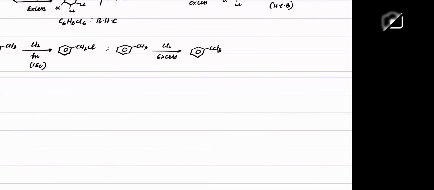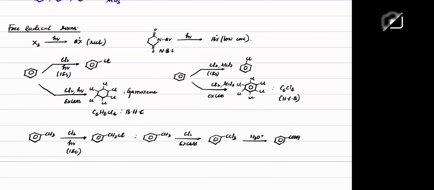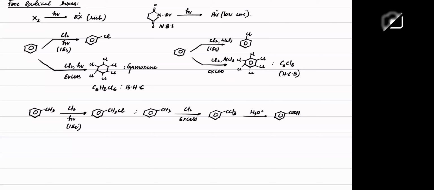Only do it on the toluene methyl position, giving CCl3. This is what is expected out of you. And this on hydrolysis will make it into an acid, benzoic acid. This is the sequence, again very commonly asked. This is about the free radical reactions.